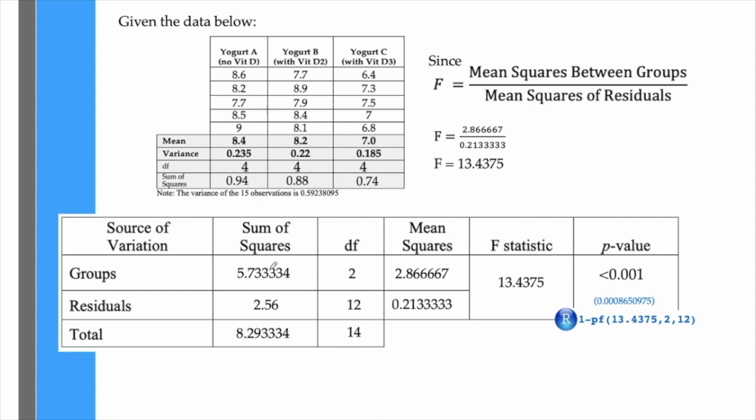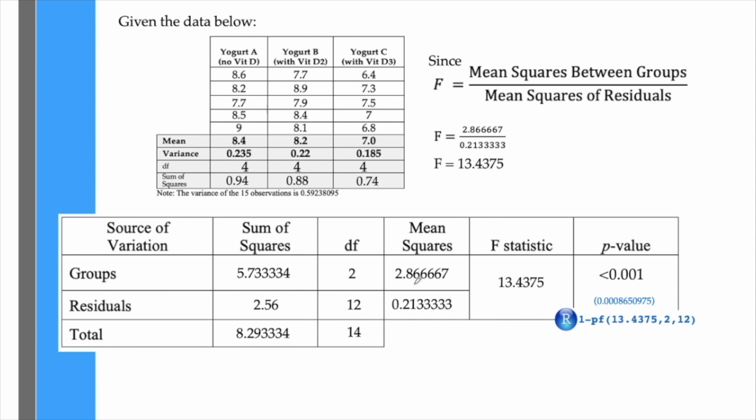Then eventually, we computed the sum of squares and DF of the groups. Since the sum of this and this, 12, is 14, we may get this value simply as 8.29 minus 2.56, which is 5.73. And 14 minus 12, we had 2.